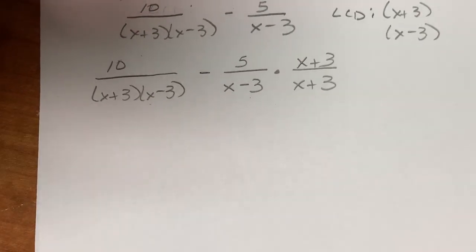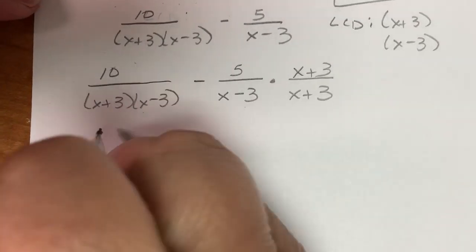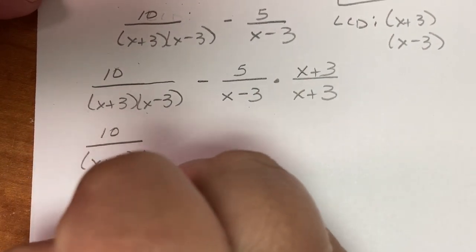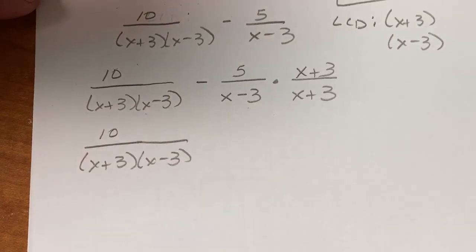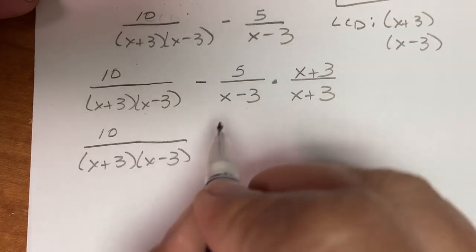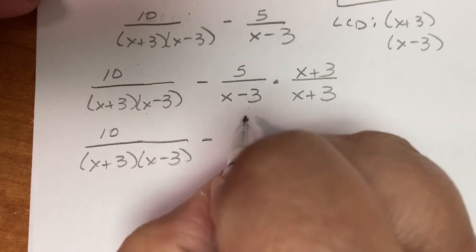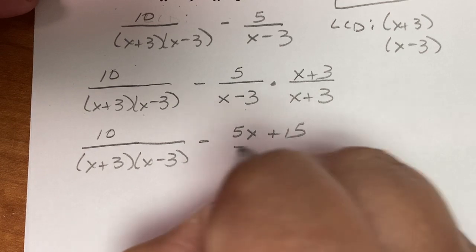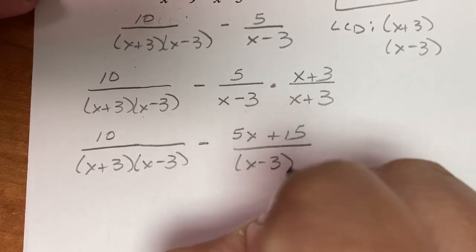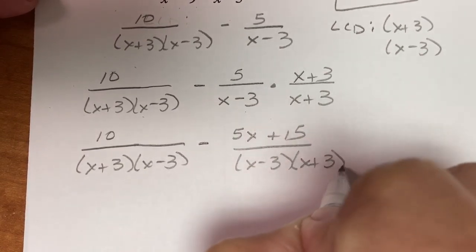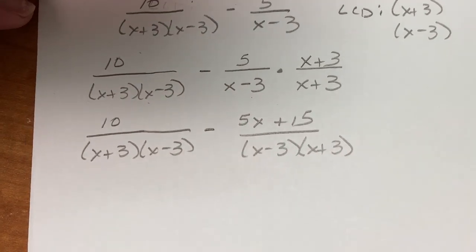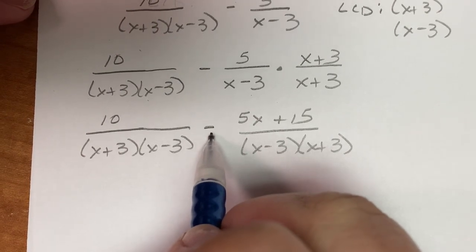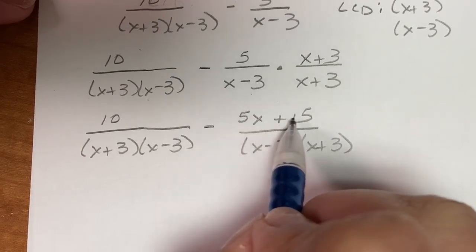All right. So now, here we go. This first fraction, we're going to leave as it is. Now, this one right here, so minus, and now we have to distribute: 5x plus 15 over x minus 3 times x plus 3. Now, when you're subtracting, we're going to have to take this and change the signs over here.